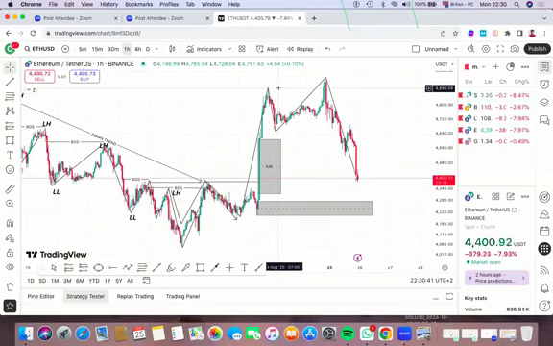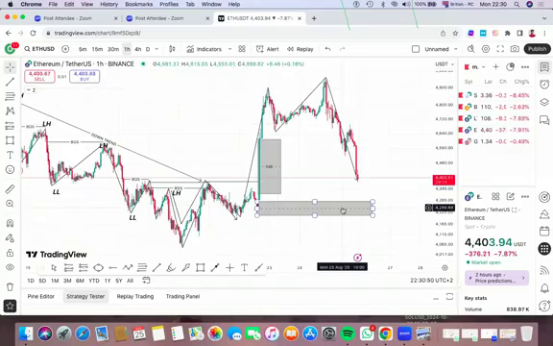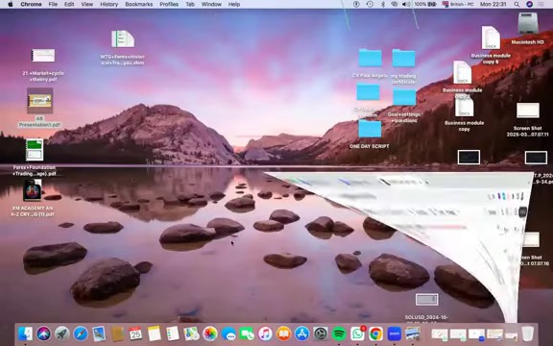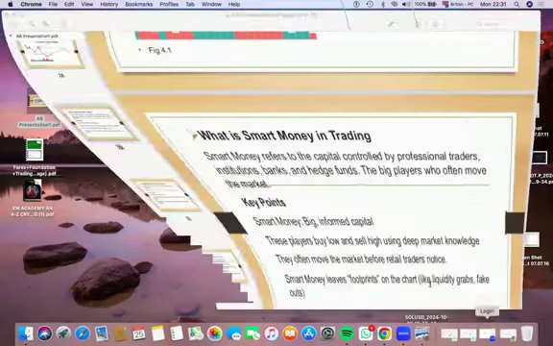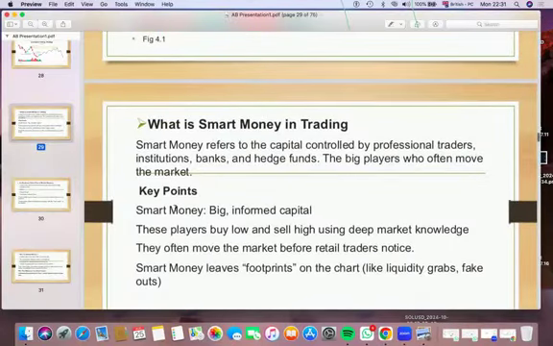So the retail trader like me and you will believe, this market is really pumping, we buy. But then they are placing large orders below here, which are footprints that they are leaving in the market when they join. And when you are able to trade along with smart money, the big players in the market that we are telling you about right here, these are the big players, big informed capital, okay?